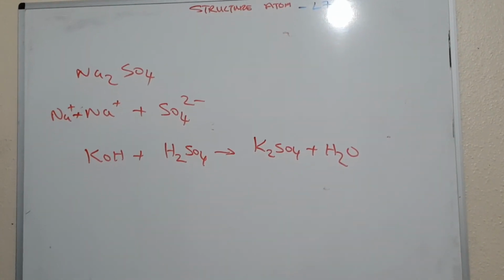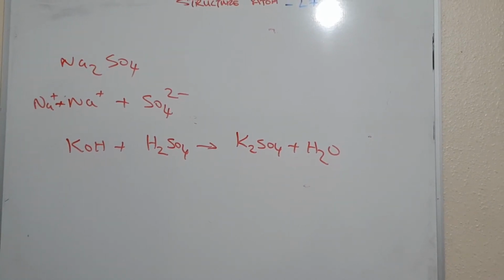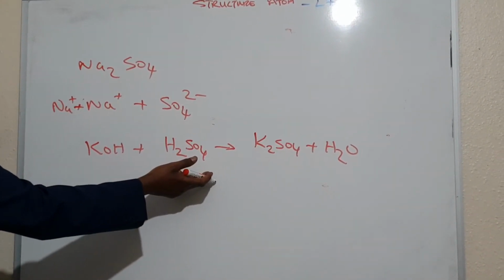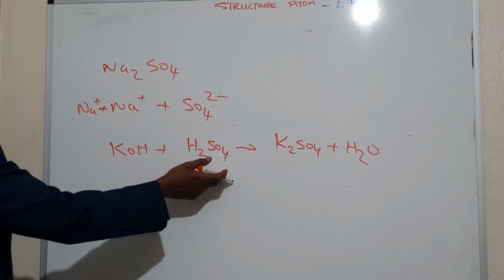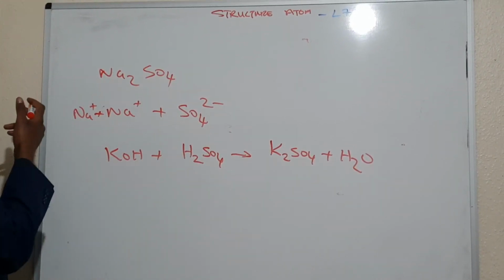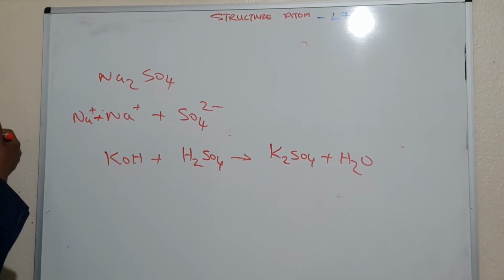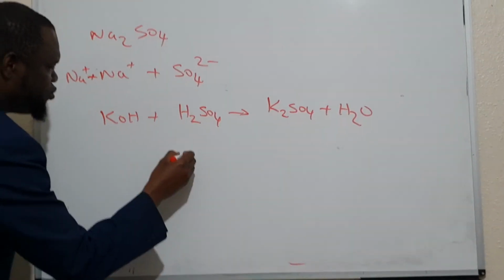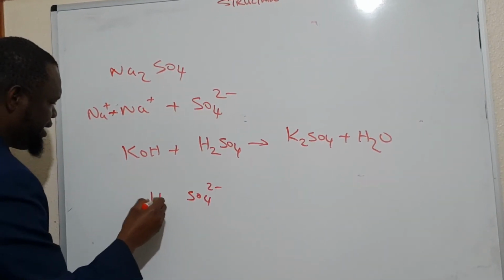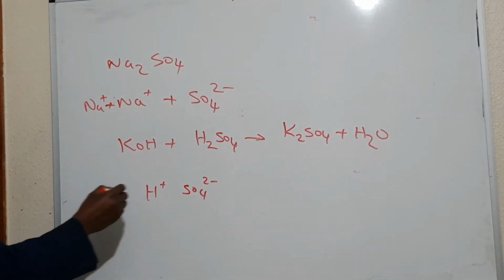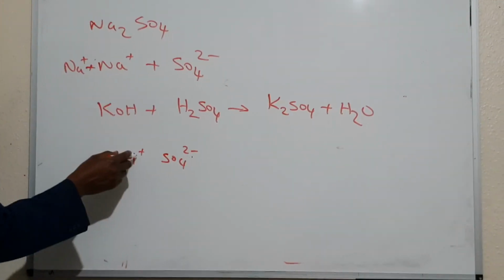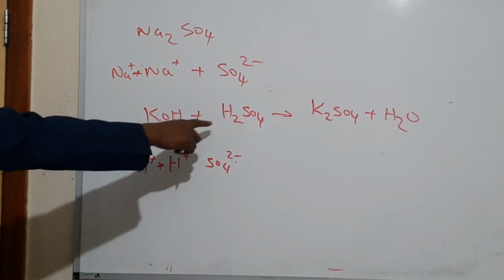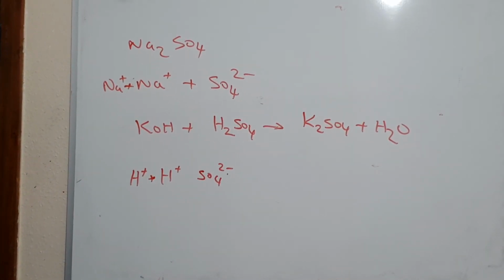Don't ask me what is SO4. Why is it H2SO4? That's why I give you this before, and in the books they don't give you that. Simple. SO4 is 2 minus. Hydrogen is 1 plus. Because it's 2 minus and 1 plus, you need another hydrogen. That's why it's H2SO4.